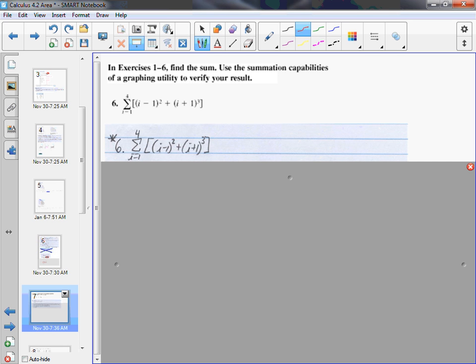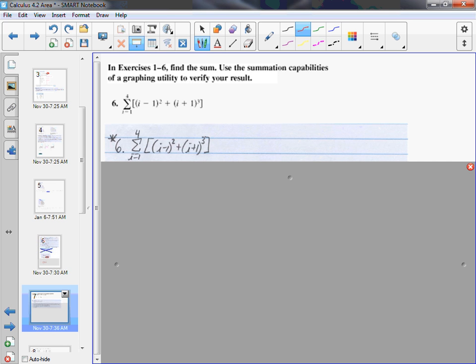Now, I could square that first parentheses, cube that second one, combine like terms, and then try to apply properties and theorems of our sums to this. Or I can crunch it out. I can just do the computation.